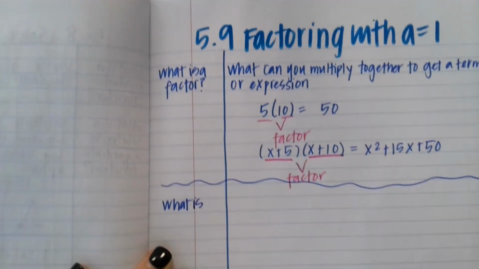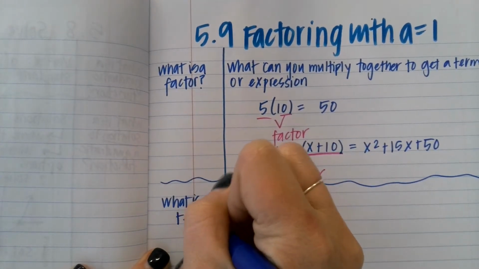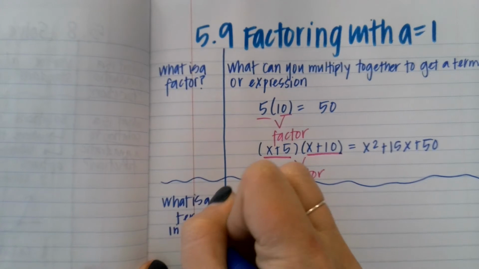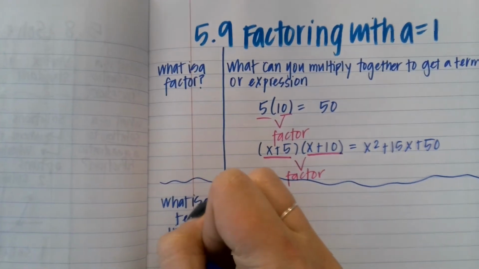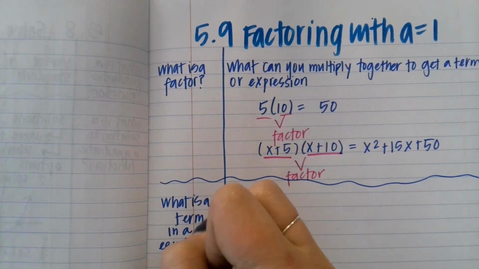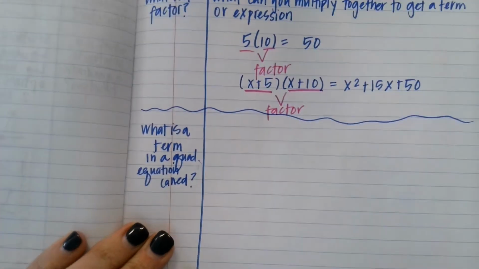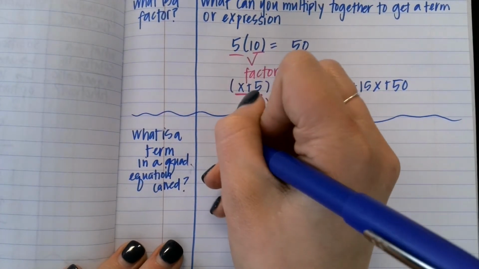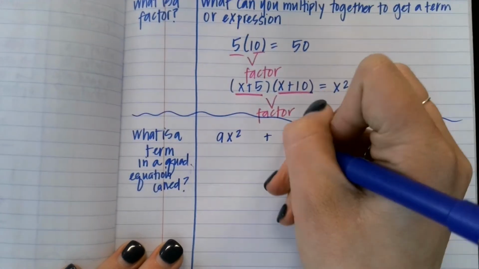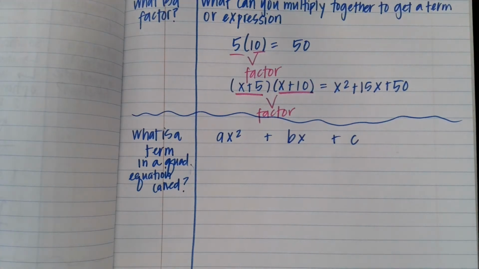Your second question you're going to write on the other side is, what is a term in a quadratic equation called? So if we have ax squared plus bx plus c, that's our standard form of our quadratic function.